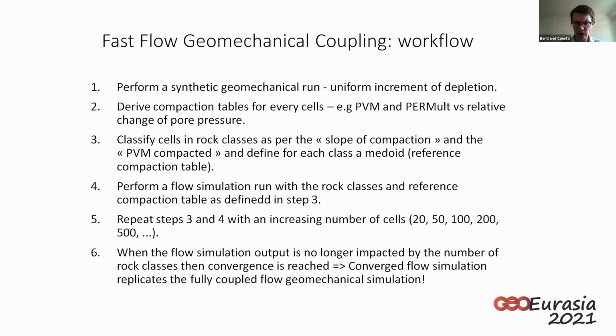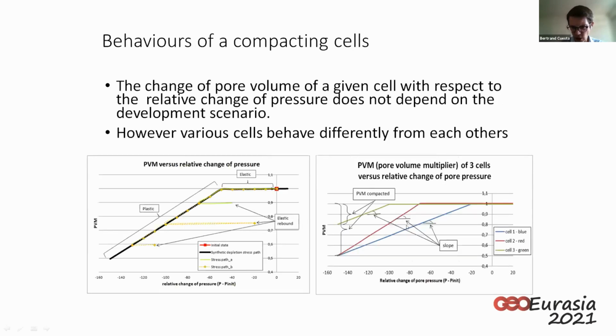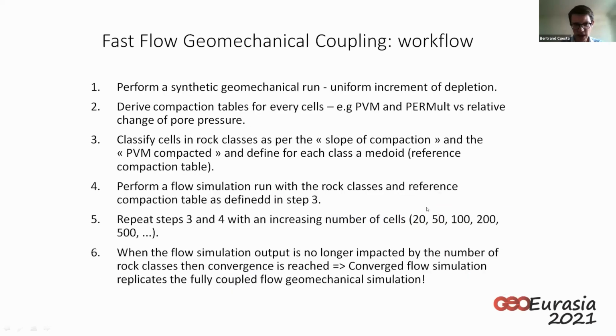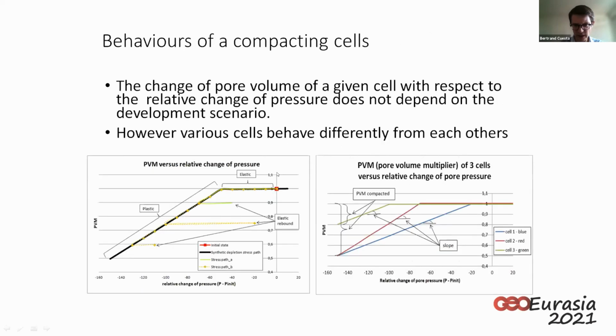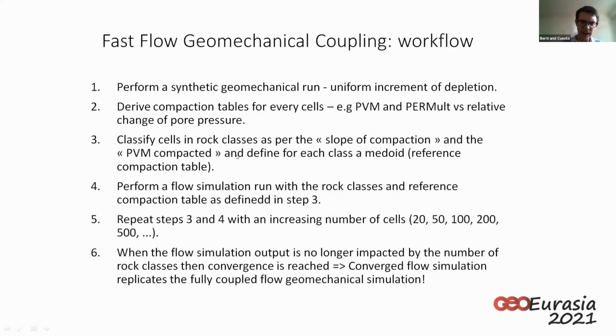So the slope of compaction, which is how heavy and quick the compaction is once there is plasticity, once there is pore collapse, and the second metric, which is the extent of the compaction, the PVM compact, which is how much my cell compacts. So in that case, 20% or 50%. And I classify all those cells. I define classes, and for each class, I find a medoid, which is a reference compaction table, so a reference cell.